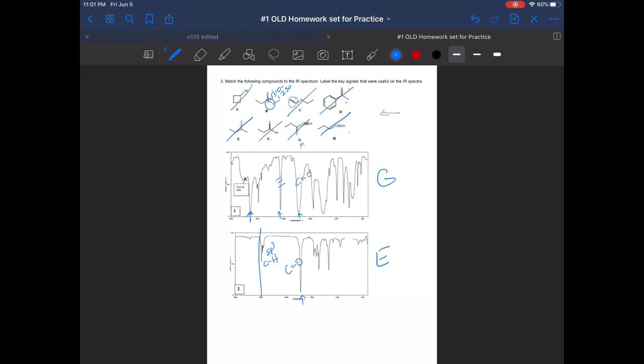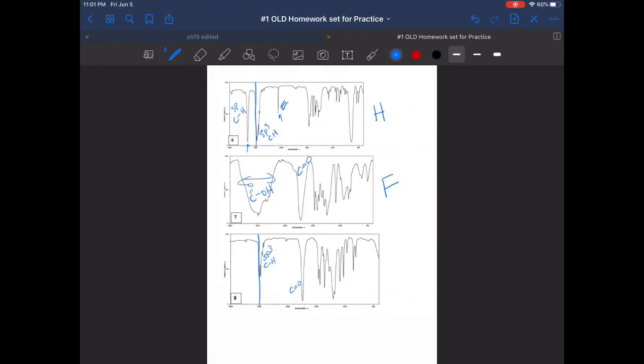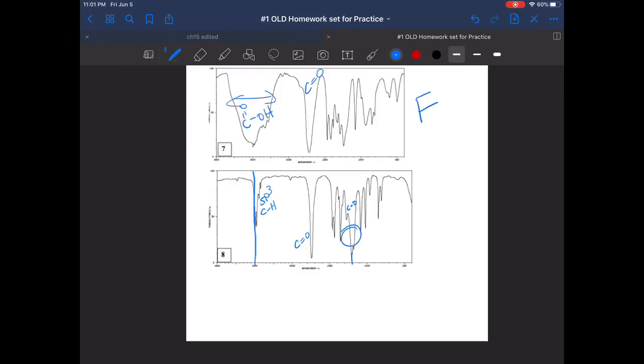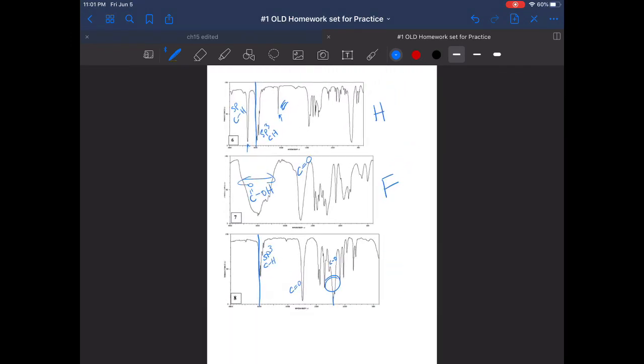If I go back to number 8, well, what do we have here? We have about 1,200. Very strong peak right here. And so, yay. That is most likely our ester. So that would be B.